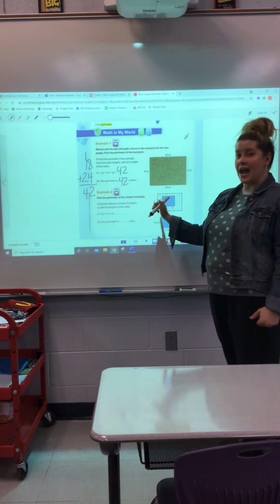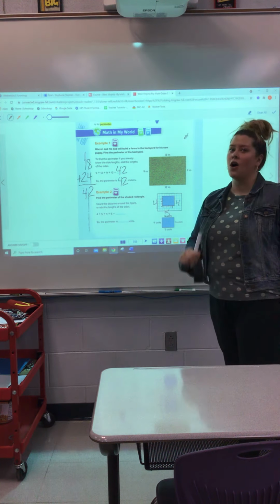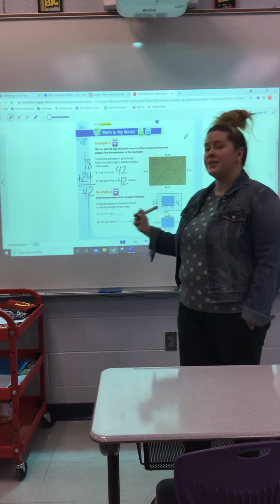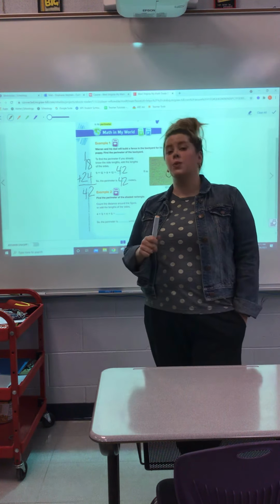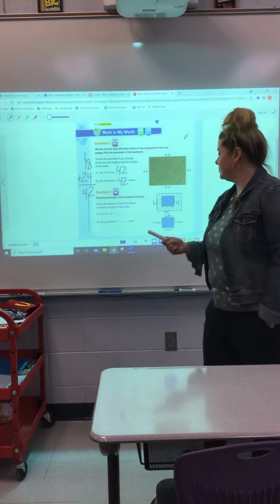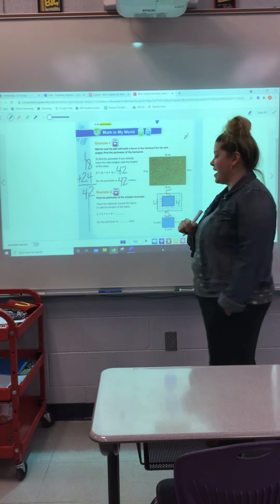So if this side is 4 squares, then I know this side is also 4 square units. What about this top part? If I know the bottom is 5 square units, do I need to count the top? Nope, what will it be? Right, still 5 square units, okay?